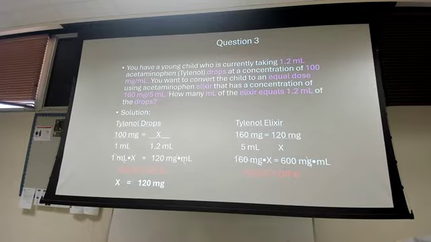So the concentration of the elixir equals how much dose we're giving the child. We solve for x, and we will get 3.75 milliliters. And that's the answer. Are there any questions about this?